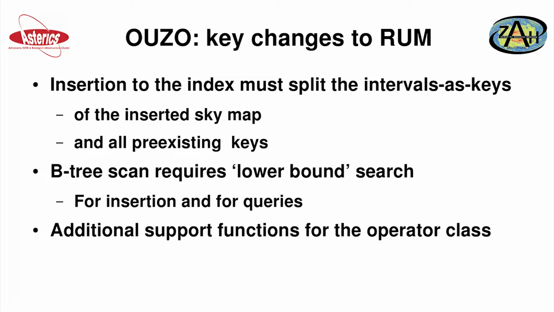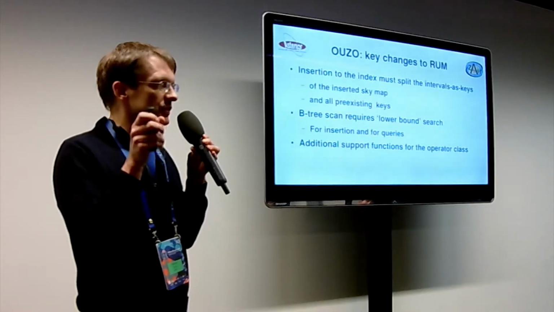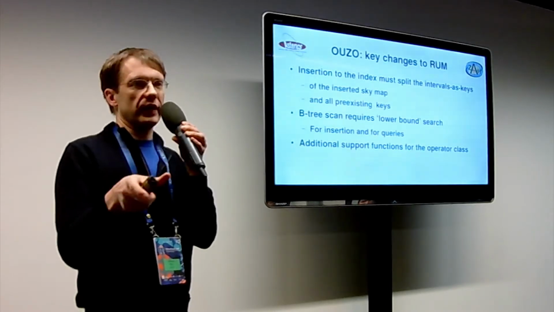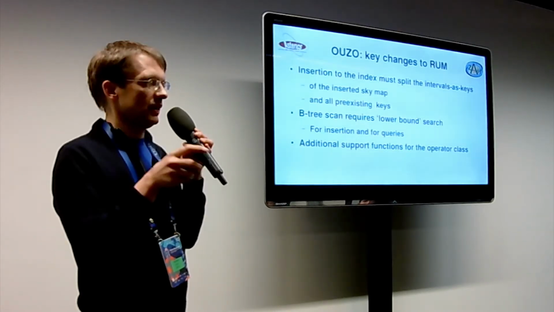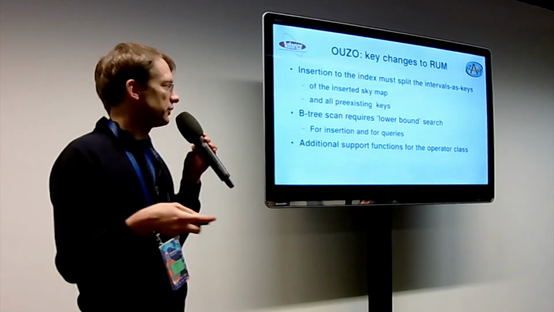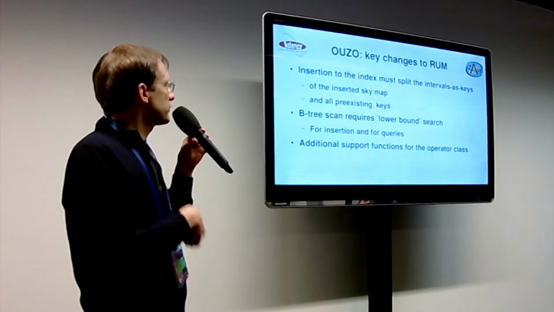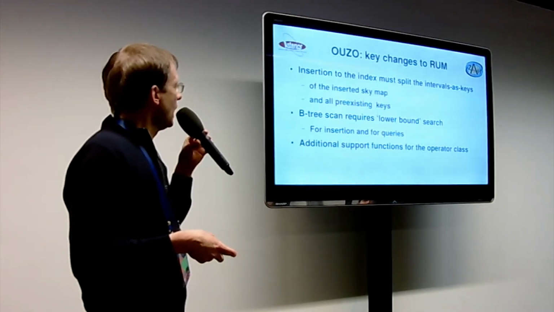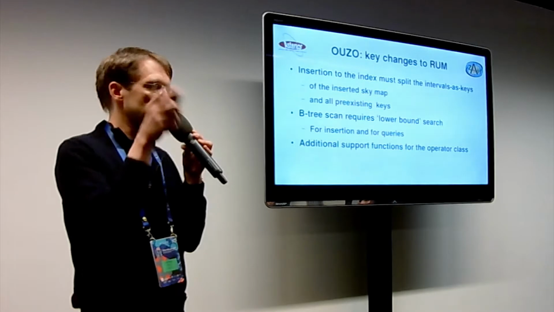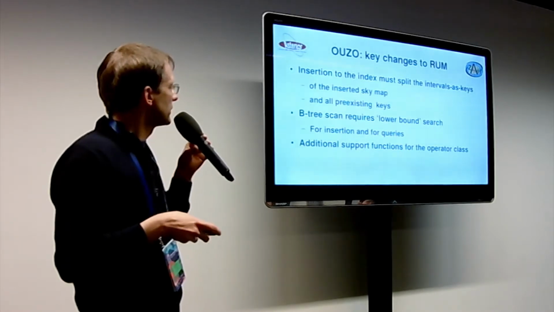So this means that if you add a sky map to a column that is indexed by these indexing method, it's just not an insertion of one element, but some of the intervals will have to be modified and others will have to be added. So I will explain this in detail on the next slide.